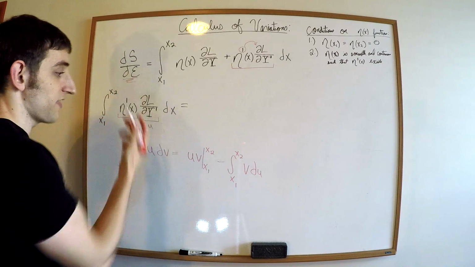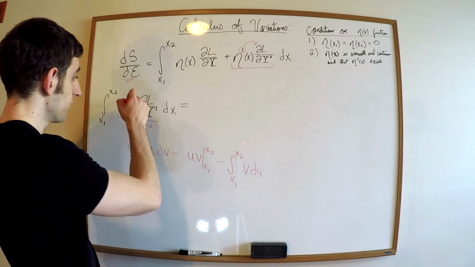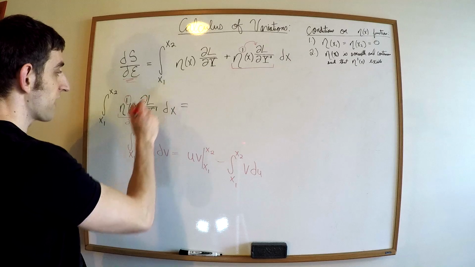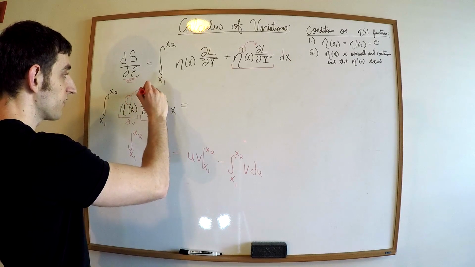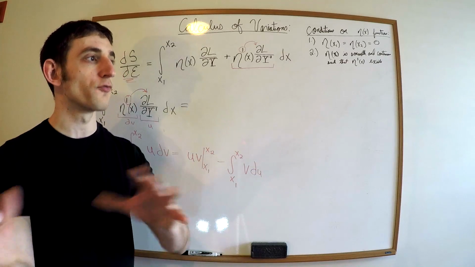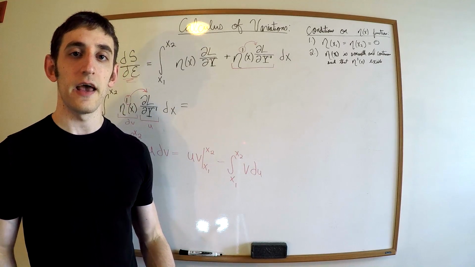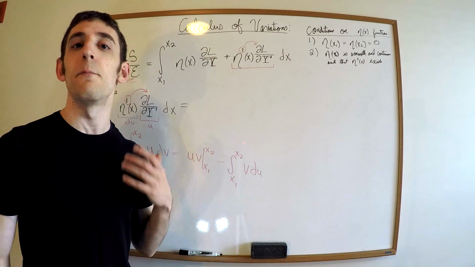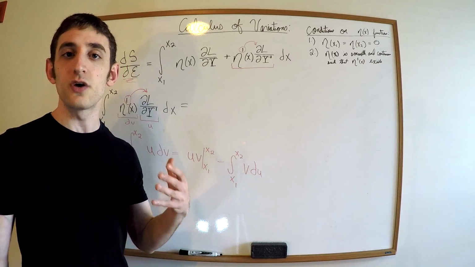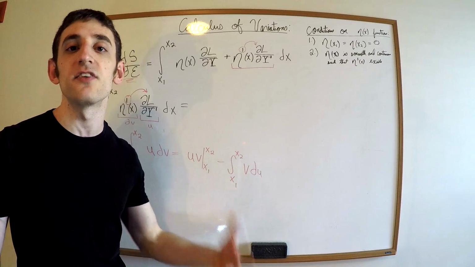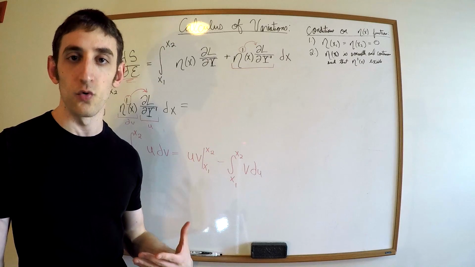Because when we integrate that, that gets rid of this guy here, and the u becomes du, so we transfer the derivative over to this guy. That's why integration by parts is so powerful. It allows you to rearrange your operations and group things together, okay? That's why I said it's like one of the most important things you can learn from any kind of calculus course in terms of deriving things in physics and subsequent math courses.